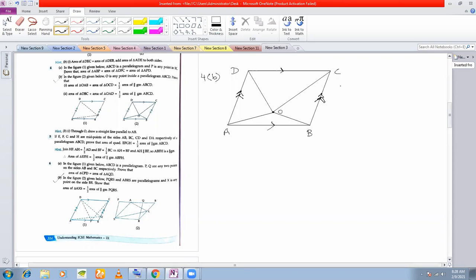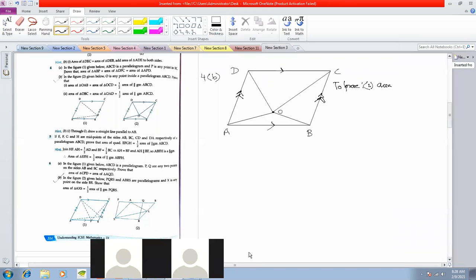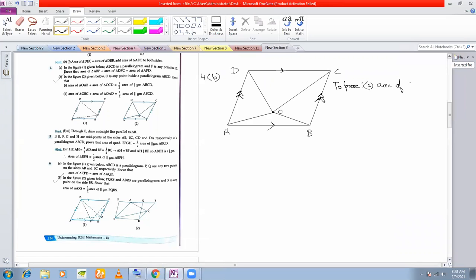Prove that. Let's see. To prove, first of all, we need to identify the triangles. Area of triangle OAB plus area of triangle OCD is equal to half area of parallelogram ABCD.